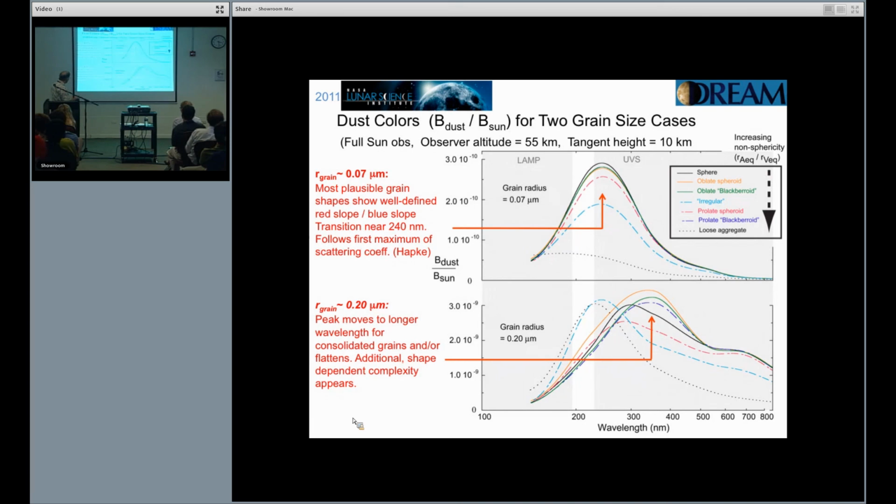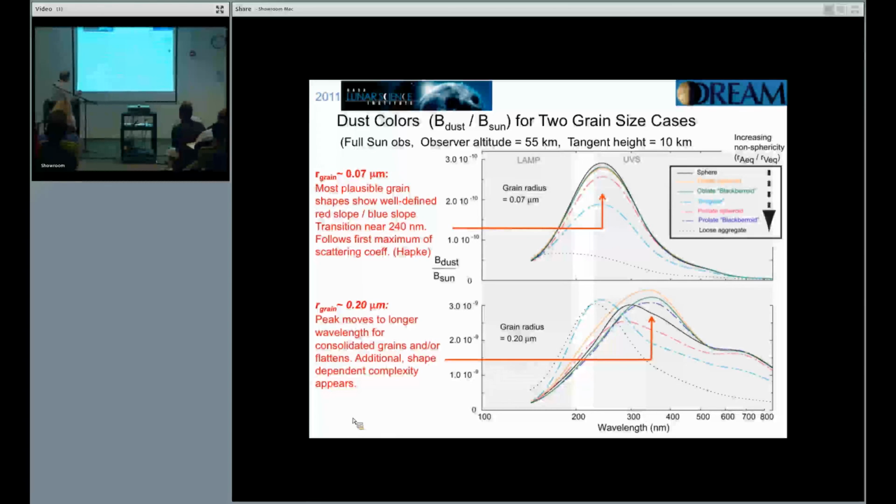If you move to larger grains, then the situation is a lot more interesting. For well-ordered grains, that same peak moves out to longer wavelengths. But then the shape information starts to become important. More loosely bound grains will have a messy, disturbed shape, so it's a little bit convoluted. It's not a nice, neat result.